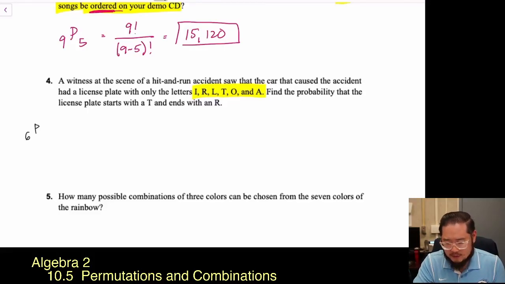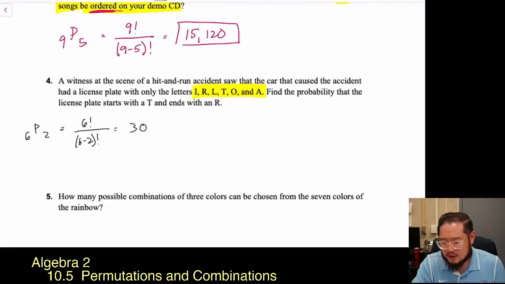Let's put 2 down right there for r. So if that is the case, now we can use our trusty calculator, but I'll write this out for you. We have 6 factorial over 6 minus 2 factorial. If you put all that together, you will end up with the number 30.